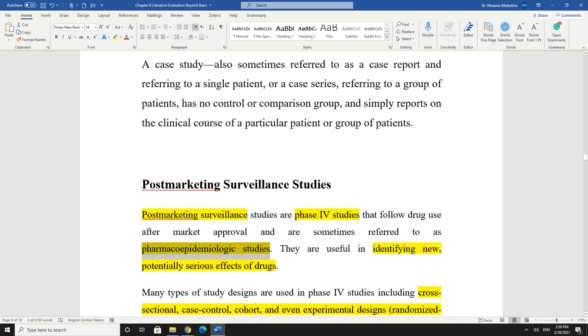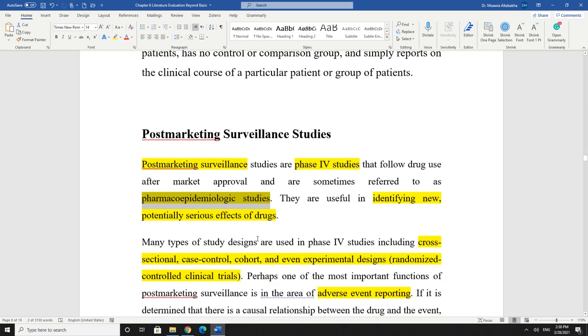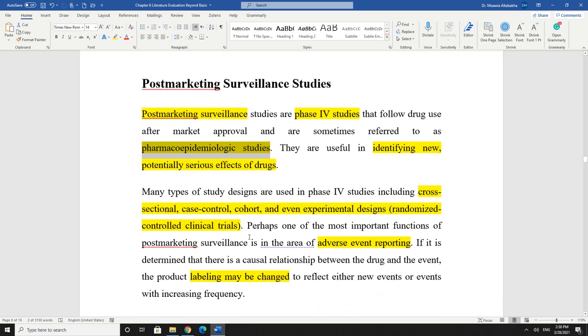Okay, and the main job is, as I told you, to identify and determine the rate of adverse effects accurately, maybe to identify new adverse effects. These are the main things.